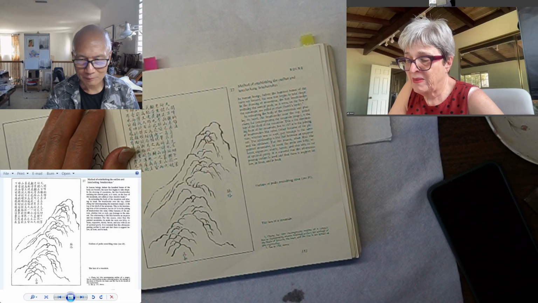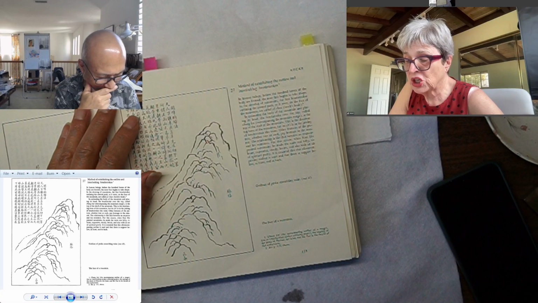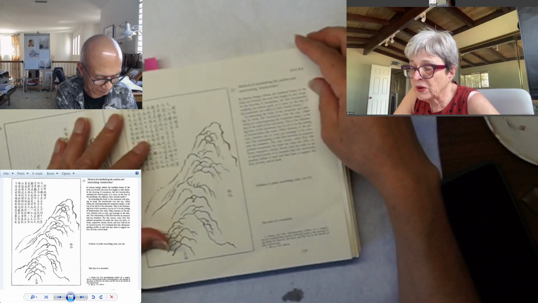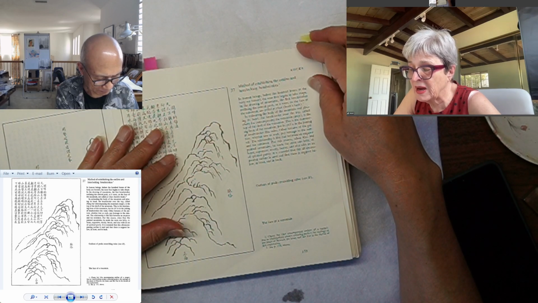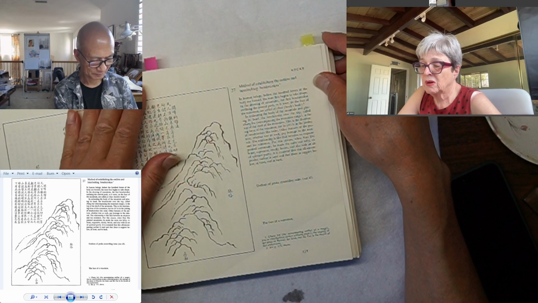In the drawing of mountains, the first brush strokes outlining the central peak, as it were, on the face of the mountain are called Pi-chung, or hawk's beak.